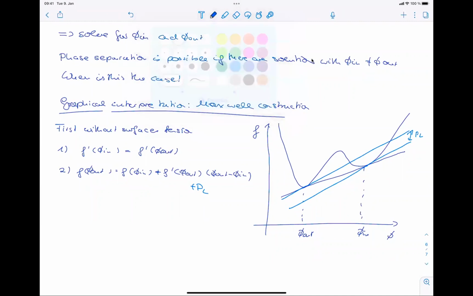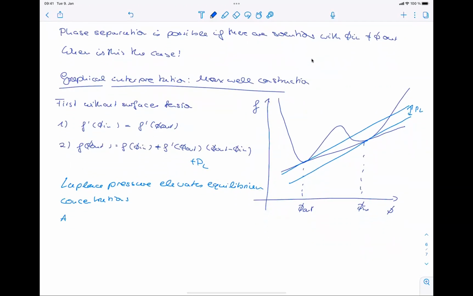And a more detailed analysis reveals that the contribution of this Laplace pressure is proportional to an exponential.